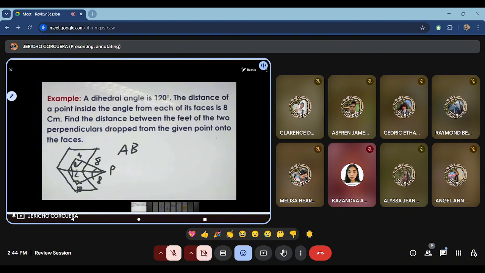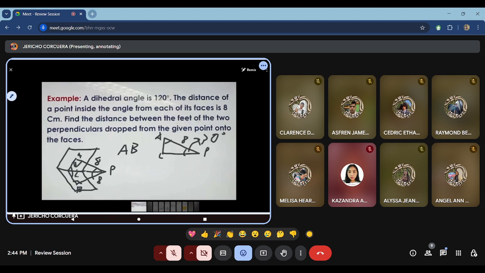So let's look at the triangle. This is 8. This is A, and this is C, and this is P. And this is 30 degrees, and this is 60. Let's just use some sine and cosine here.